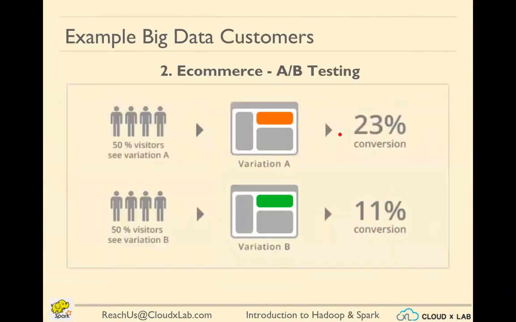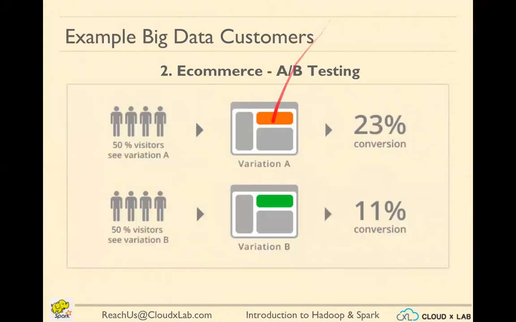Then in e-commerce, we have A/B testing. In e-commerce, the analysis of user behavior is not done based on gut instinct. Even if we are trying to build a feature on our website, we do not go with the gut instinct of the designer. Instead, we go with A/B testing.